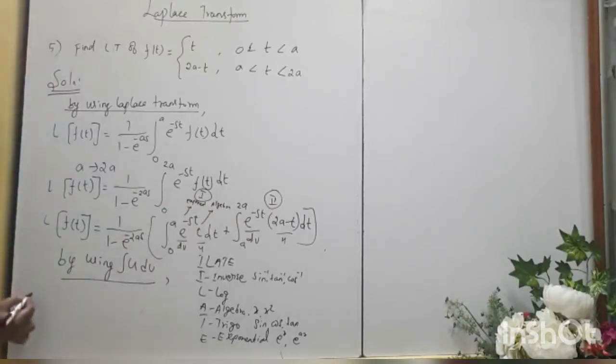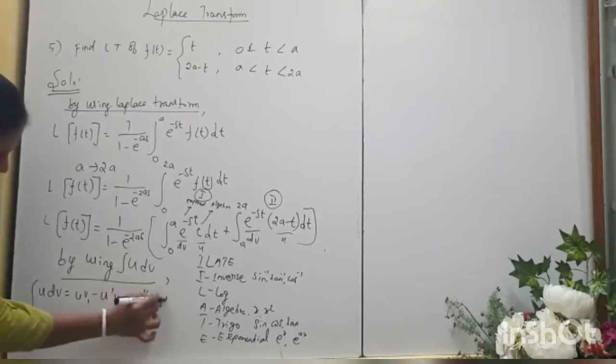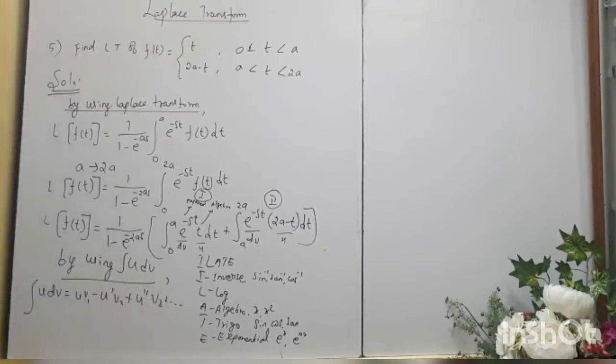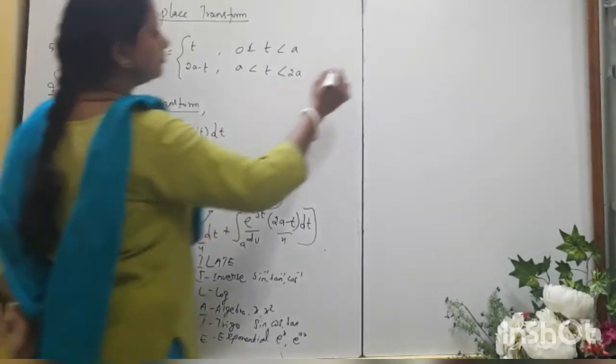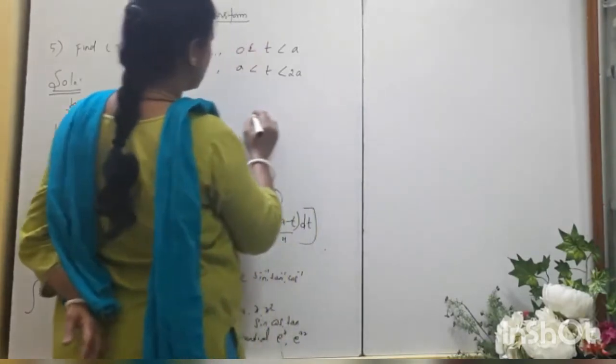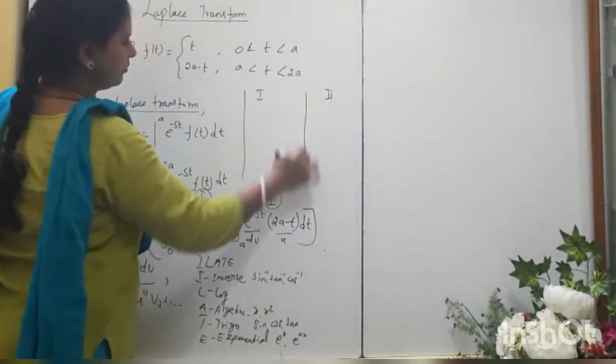First you have to write the formula: integral of u dv equals u v1 minus u dash v2 plus u double dash v3 plus etc. So first part and then the second part.